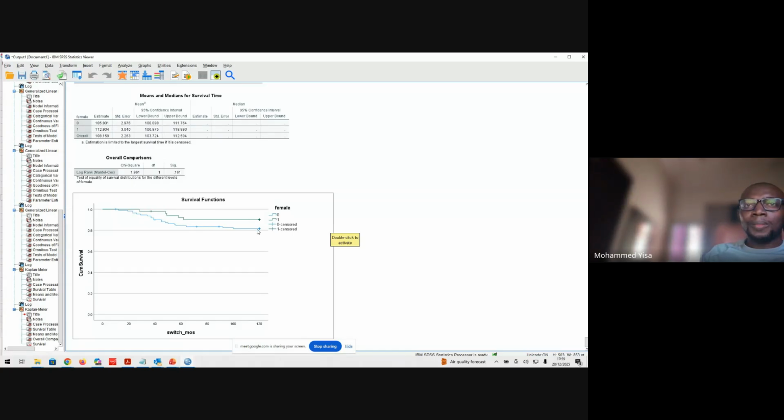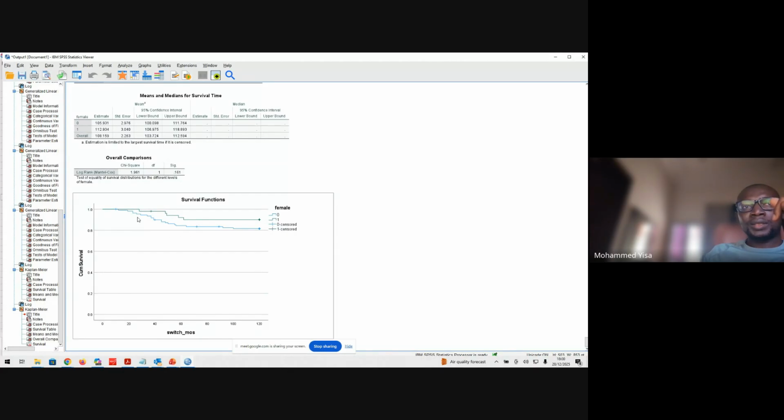But the one in blue basically has a lower line. So each drop in the line represents someone who has actually reached that outcome of interest. So each time you see a drop, it means someone has left medical practice.